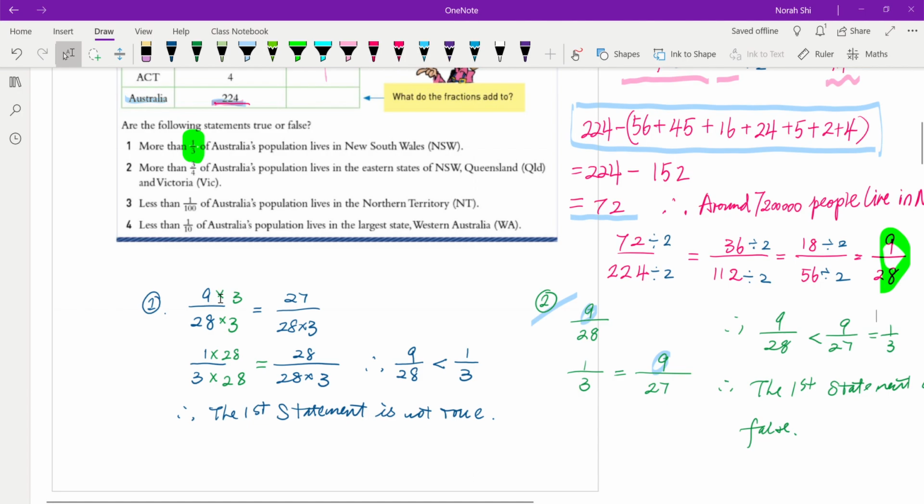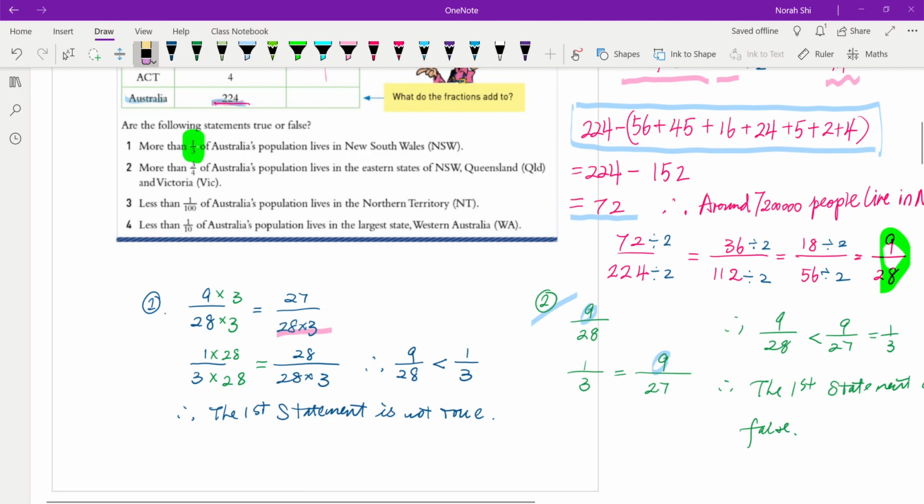So for 9/28, I multiplied both numerator and denominator by 3, and we get 27/28 times 3. I kept it this way because it doesn't really matter. You of course can find it out, which is 27/84. But our goal is just to figure out which one has the greater numerator, so I would just leave it this way.